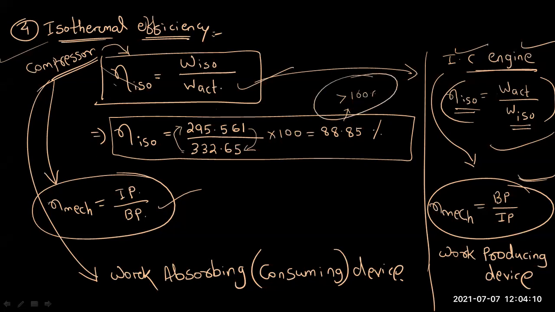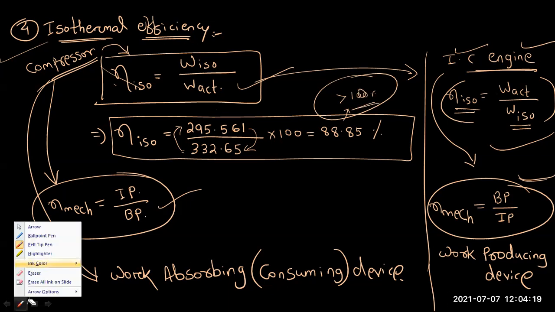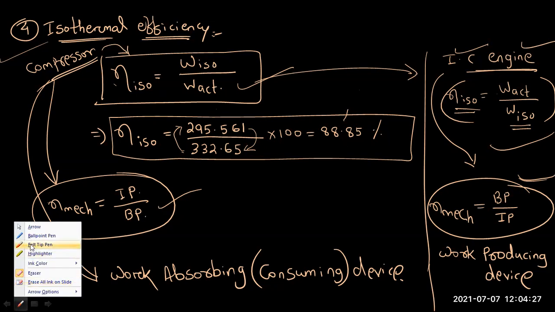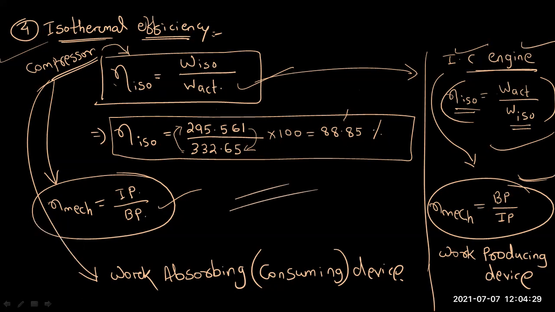So you will think that this is not the right formula. Efficiency can never be more than 100%. It should always be less than 100%. Okay. So in this way, you can solve some questions related to 3-stage or multi-stage air compressor.